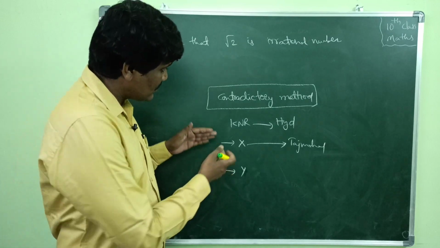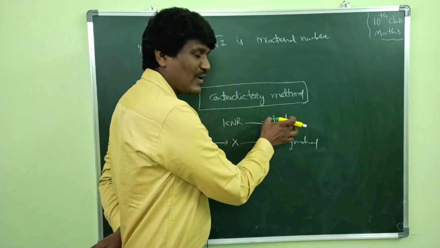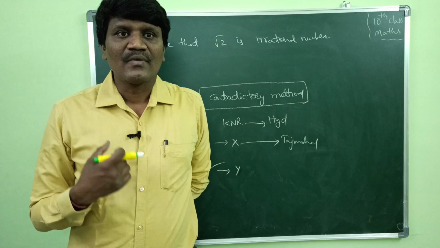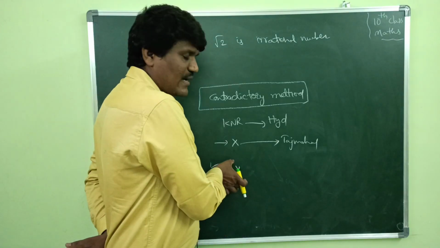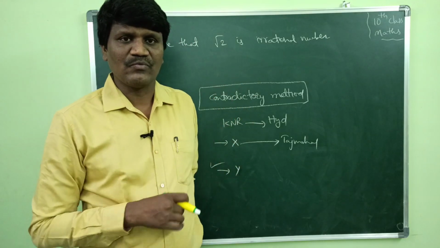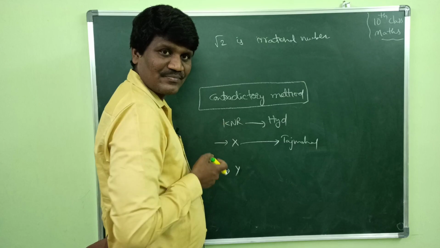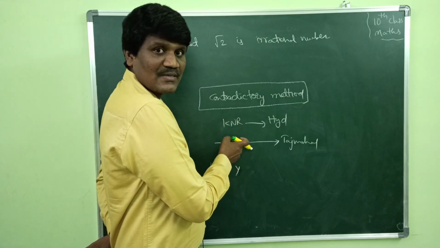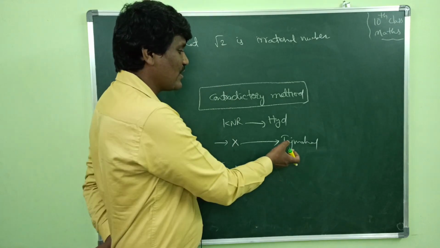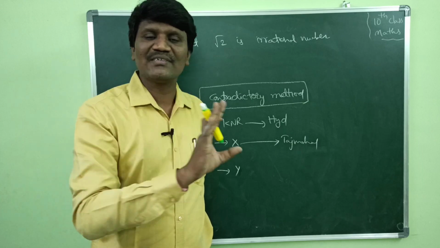So this is called the contradictory method. From Karimnagar to Hyderabad, there are two buses, X and Y. I have to prove that Y is the correct bus. For that, contradictorily I went in this bus, and I went to some other place where I could see the Taj Mahal. Then I realized that no, this is not Hyderabad.